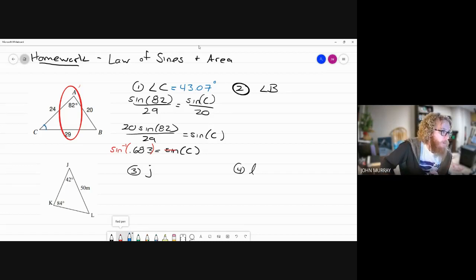Now, angle B. You could have cheated and just done some basic algebra to find angle B. If I subtract 82 and 43.07 from 180, I could find angle B. But I'm going to do it the long way. So again, I'm going to set up sine of 82 over 29, because that is what we know, equals the sine of B over, now I'm using the side across from B, I have 24.